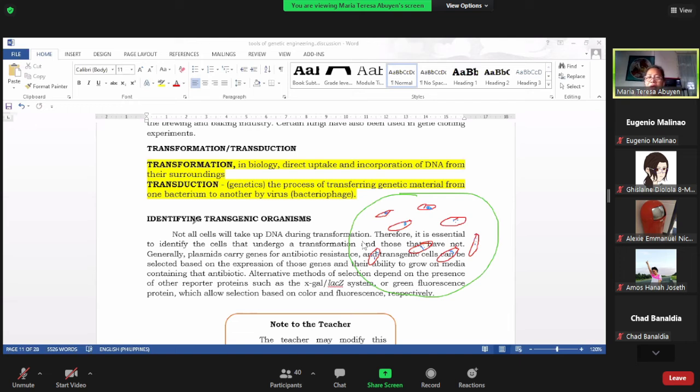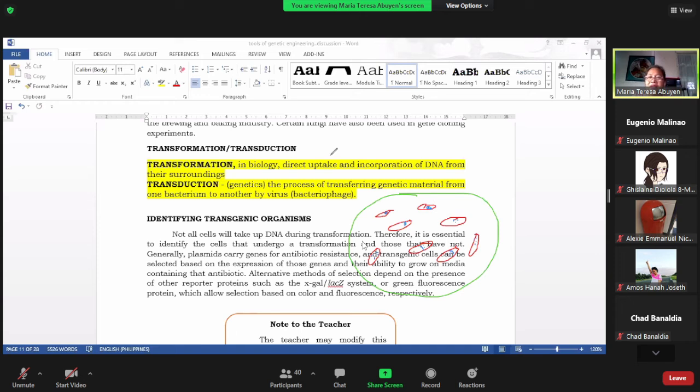How can you identify that these bacteria are transgenic? How can you identify that these bacteria have a foreign gene inserted into them?